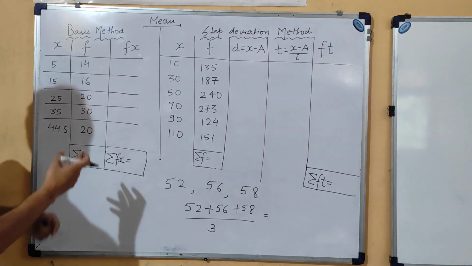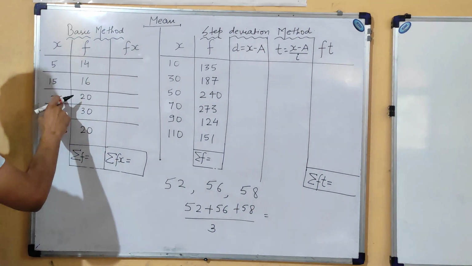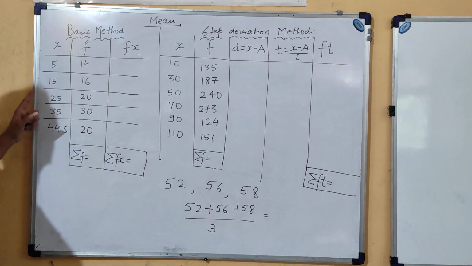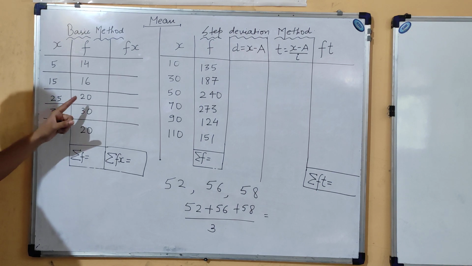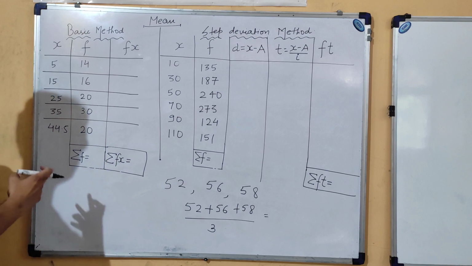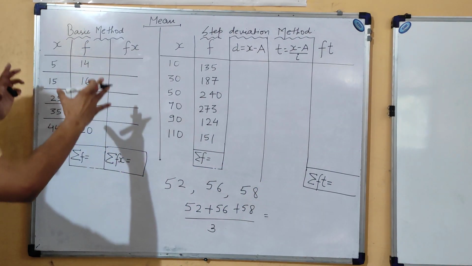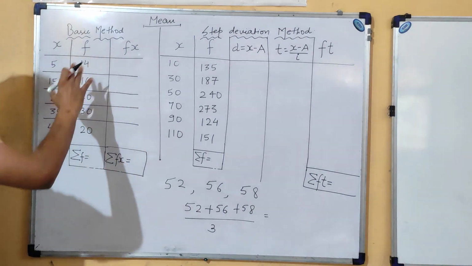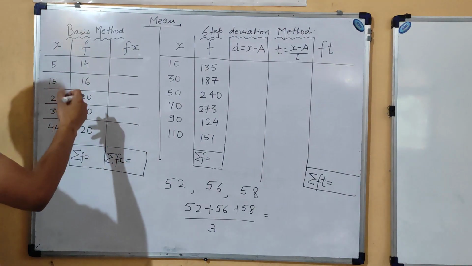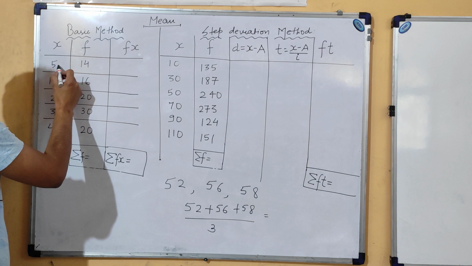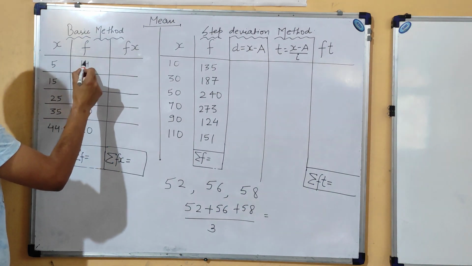Rohit scored 25 in 20 matches, and it is very difficult to write 25 twenty times. So I've prepared a table in which frequency is given. This means this observation is happening this number of times.